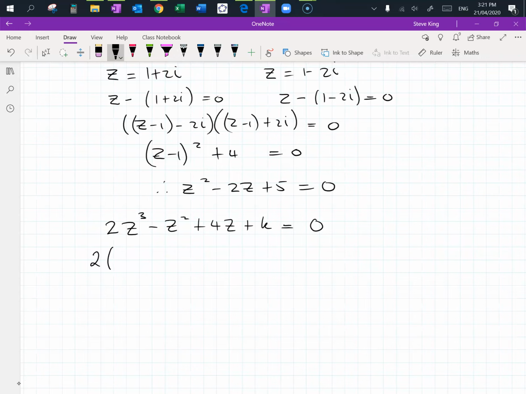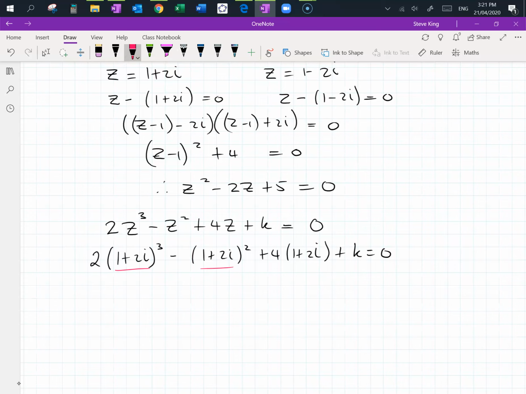So I'm going to have 2 times (1 plus 2i) cubed minus (1 plus 2i) squared plus 4 times (1 plus 2i) plus k equals 0. Now I've got to do a bit of calculation over here in order to get these bits.